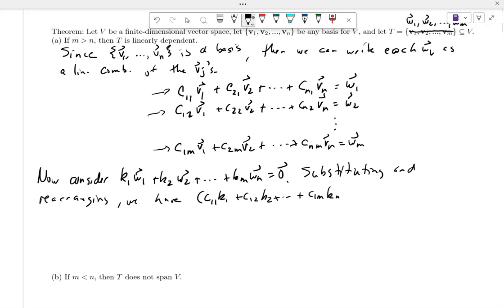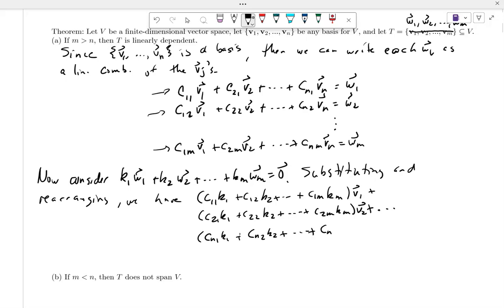Oh, it's Km, not an N. That's my problem. Because there's m W's times V1, plus the same thing for the V2, and then all the way down to the Vn's, equals the zero vector.